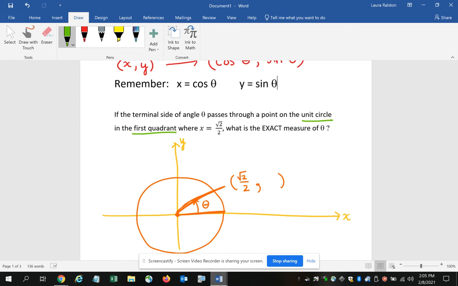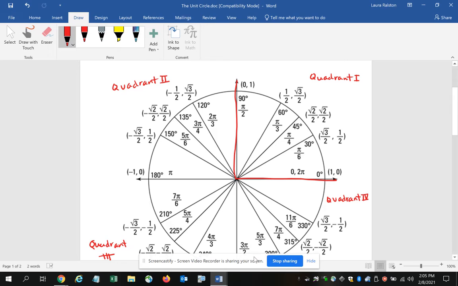So if I go back over to my unit circle and I focus on quadrant 1, I'm looking for where the x value is square root 2 over 2. That happens to be in this middle point here. It happens to be on this one. Okay, and that corresponds to a 45-degree angle or 2 pi fourths.